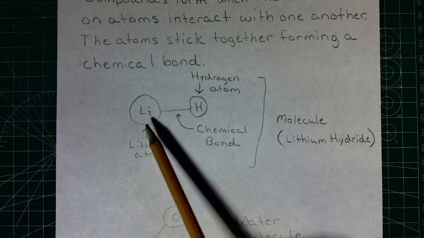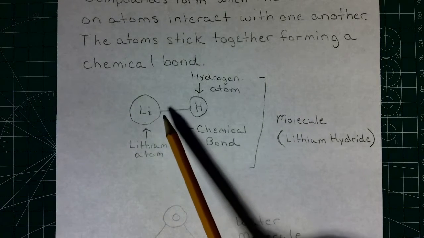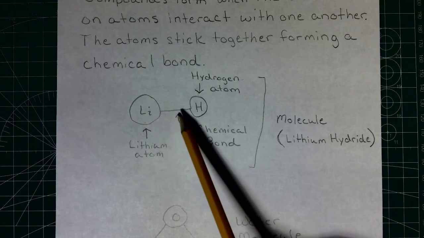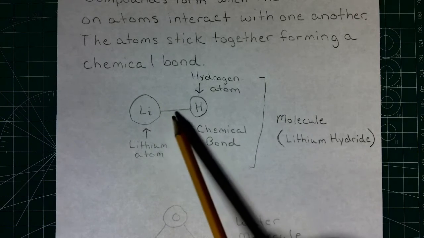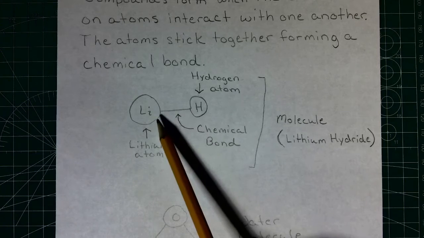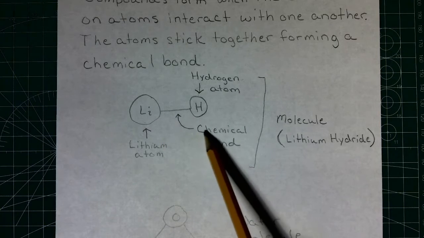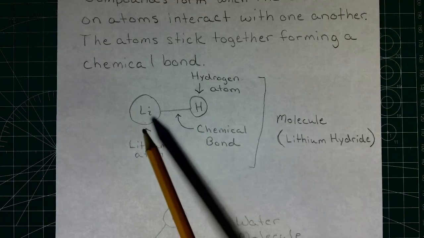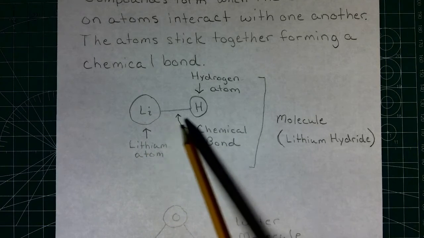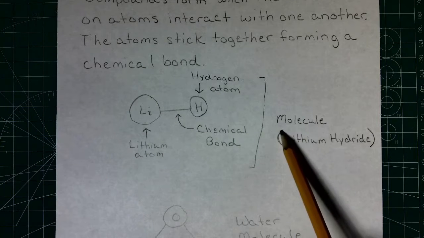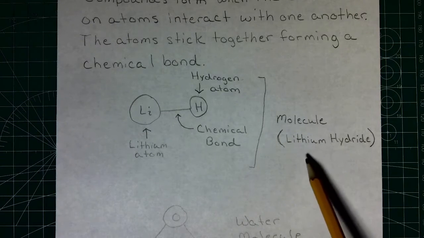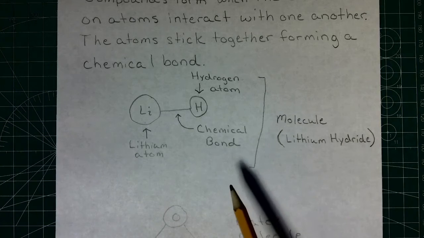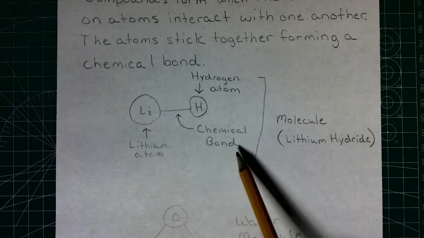Lithium is larger. It's a larger atom than hydrogen. And then their electrons are interacting, which I am illustrating as a line here that is called the chemical bond. And together with this chemical bonding, they form what is called a molecule. In this case, it would be lithium hydride, which is one other form of matter that we have.